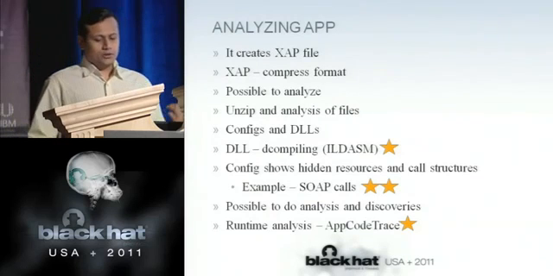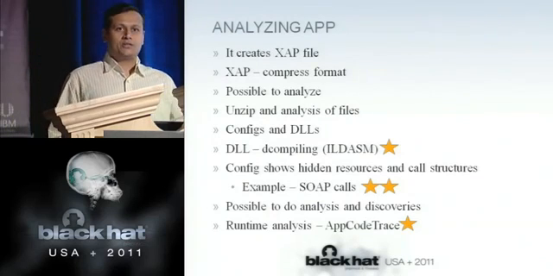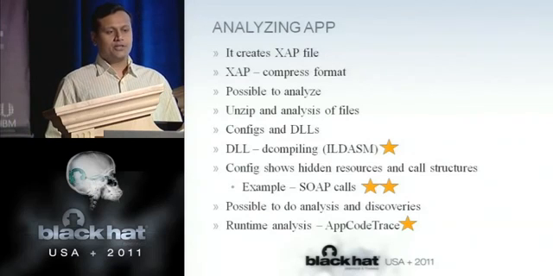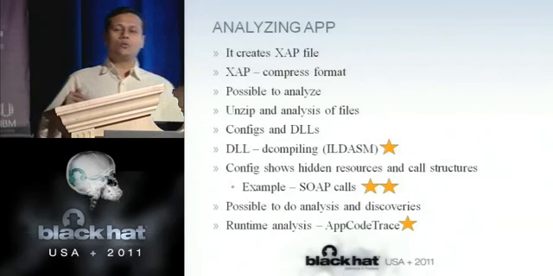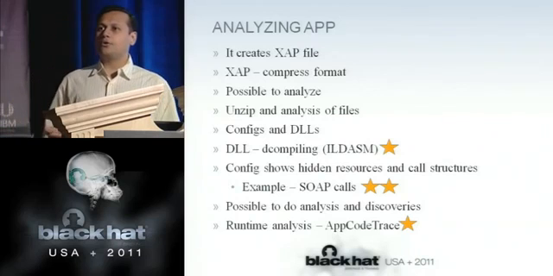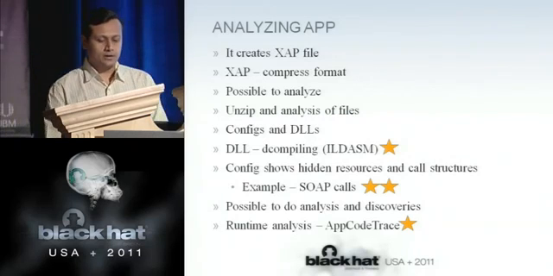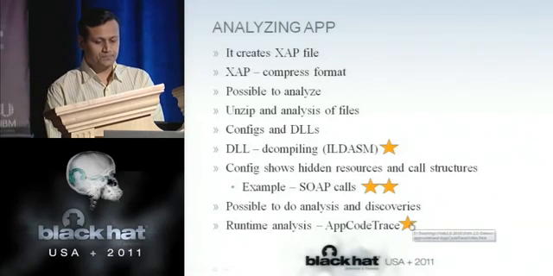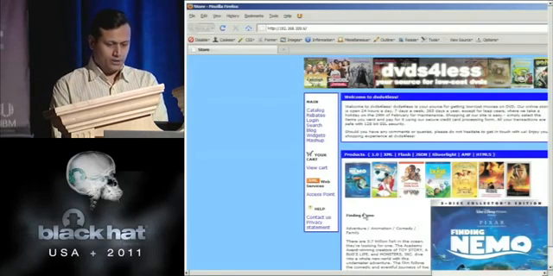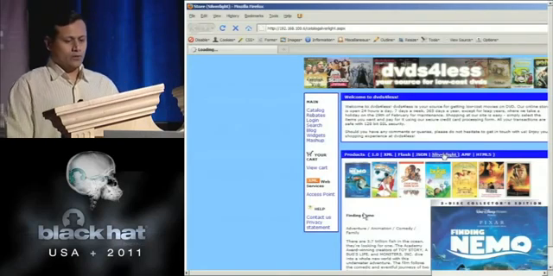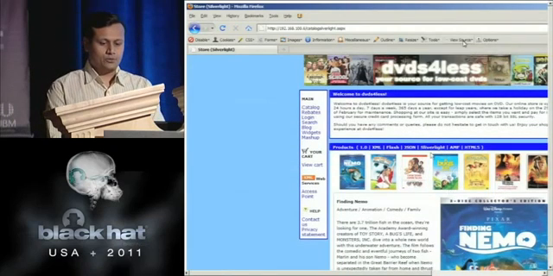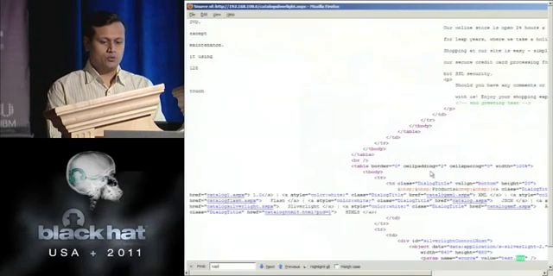We just created another tool called AppCodeTrace. This AppCodeTrace is essentially a tool which allows you to do a runtime analysis on your binary, both native DLLs or Silverlight-driven DLLs. So over here, there is a Silverlight application. We do a view source here where we found this test.xap file.